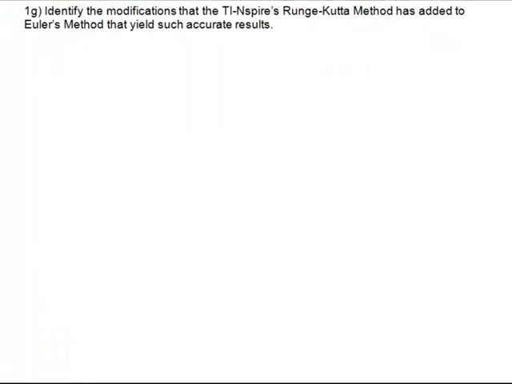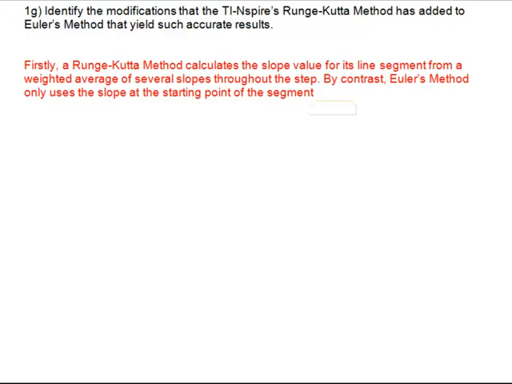Question 1G. Identify the modifications that the TI-Nspire's Runge-Kutta method has added to Euler's method that yield such accurate results. Alright, we have two basic modifications. Firstly, a Runge-Kutta method calculates the slope value for its line segment from a weighted average of several slopes throughout the step.